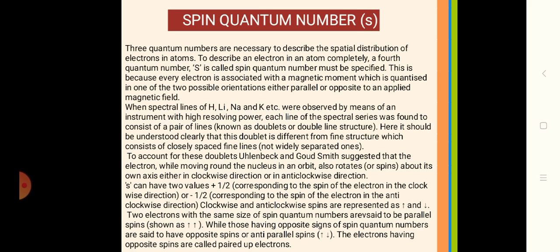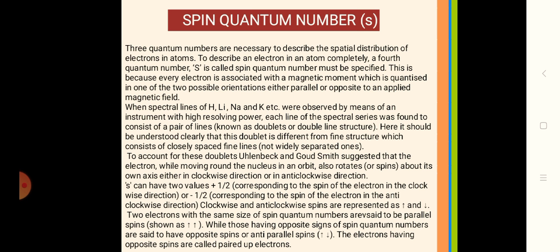This is because every electron is associated with a magnetic moment which is quantized in one of the two possible orientations, either parallel or opposite to an applied magnetic field. Spin quantum number is denoted by small s.